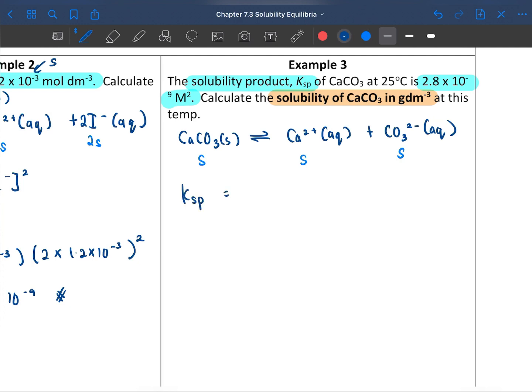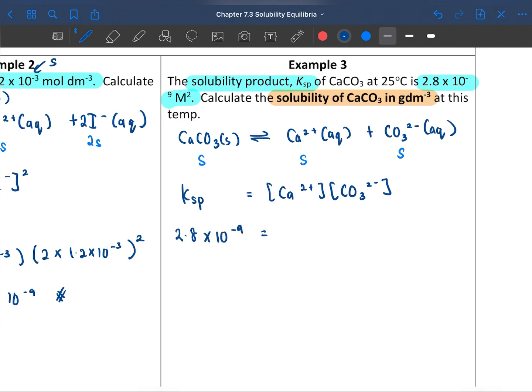So Ksp in this case equals the concentration of Ca2+ to the power of 1 times the concentration of CO3 2- to the power of 1. The Ksp value given to us can be substituted directly: 2.8 exponent negative 9.